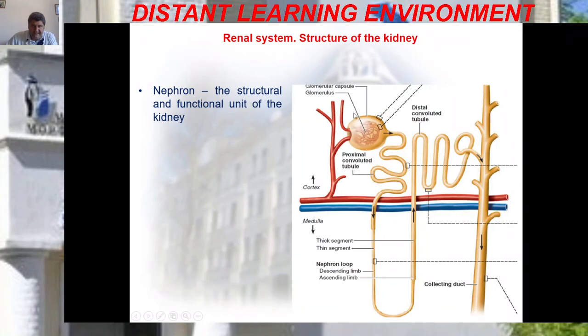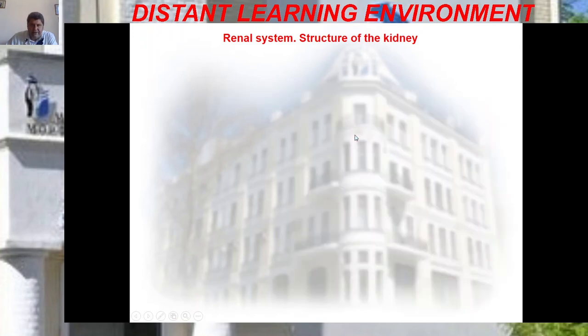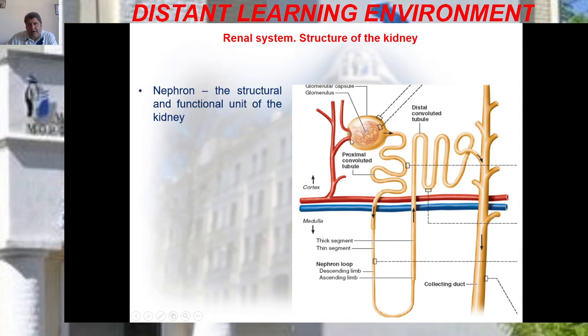So you can see the nephron, the structural and functional unit of the kidney, and this nephron divides into two parts. The first part is the capsule with the glomerulus, and the next part includes the tubules of the nephron. So the glomerulus together with the capsule enclosing it forms the renal corpuscle, corpusculum renale, or the Malpighian-Shumlansky corpuscle.